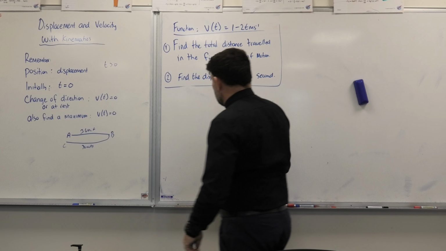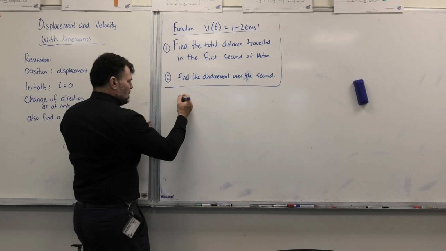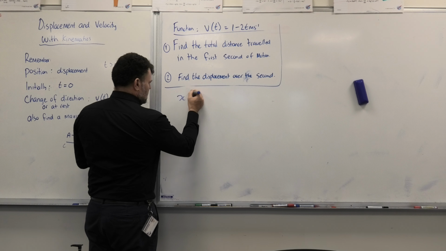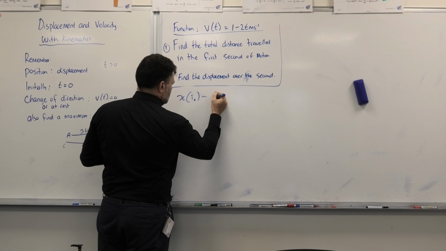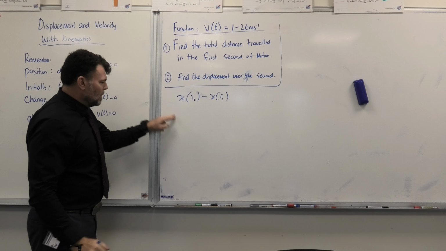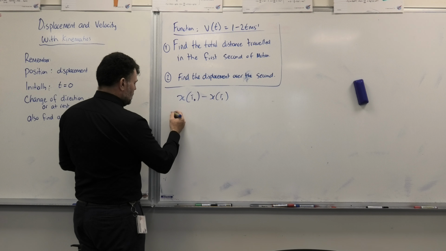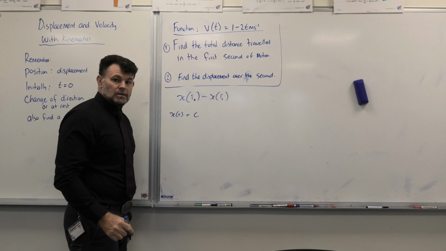So displacement, we want to find the displacement over the second. Well, displacement, remember, was x of where we started minus x of where we finished. Well, we only go for 1 second. We started it when t was equal to 0, and that gave us c.